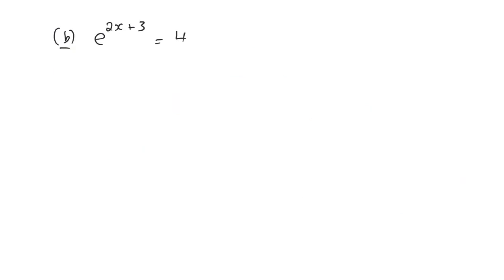B then, e to the power of 2x plus 3 equals 4. Again, we're going to take natural logs. And again, the format of the question is exactly the same as if this was log to the base 10. So we'll bring our 2x plus 3 down. And then ln e is just 1.